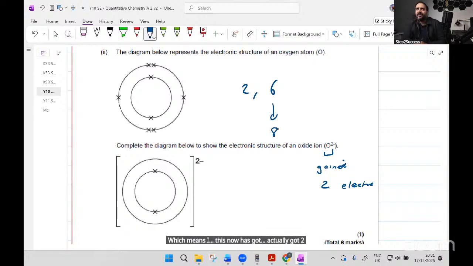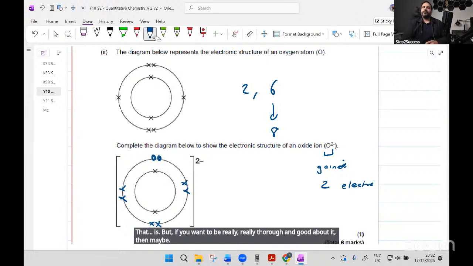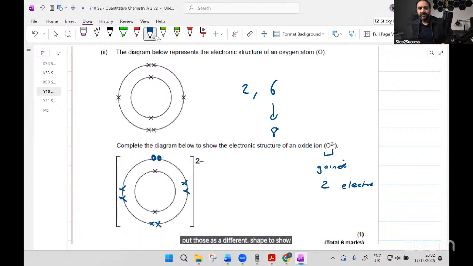It's got 8 in the last shell. So you need to draw 8 in the last shell. That is that. If you want to be really thorough, then maybe put those as a different shape to show that they have been gained from somewhere else, but you don't need to.